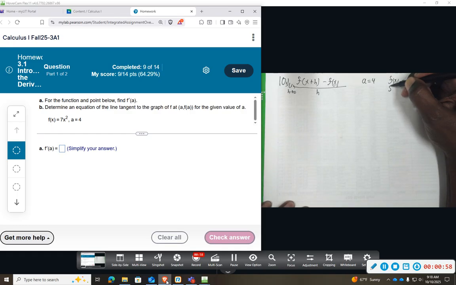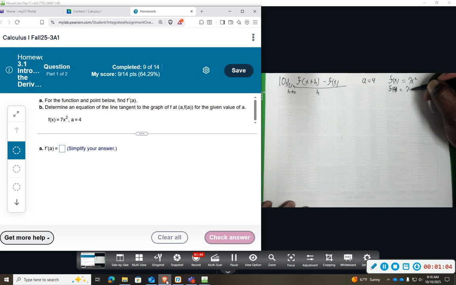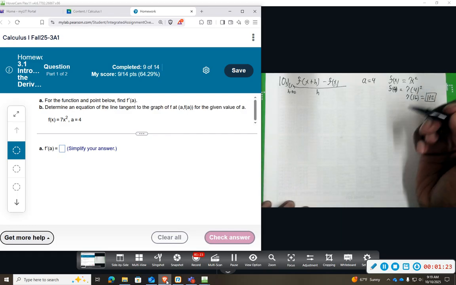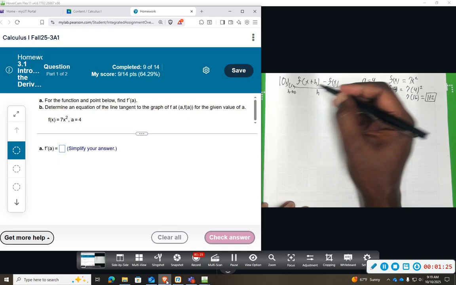So I need to go ahead and first find f of a, which will be f of 4 really, which is 7 times 4 squared. So we get 16, and then 7 times 16. That'll give us 112. So the y value that we'll use is 112.